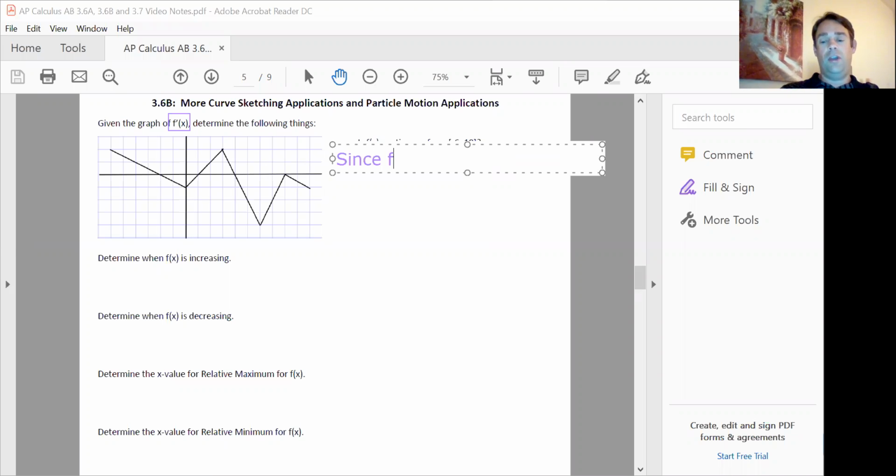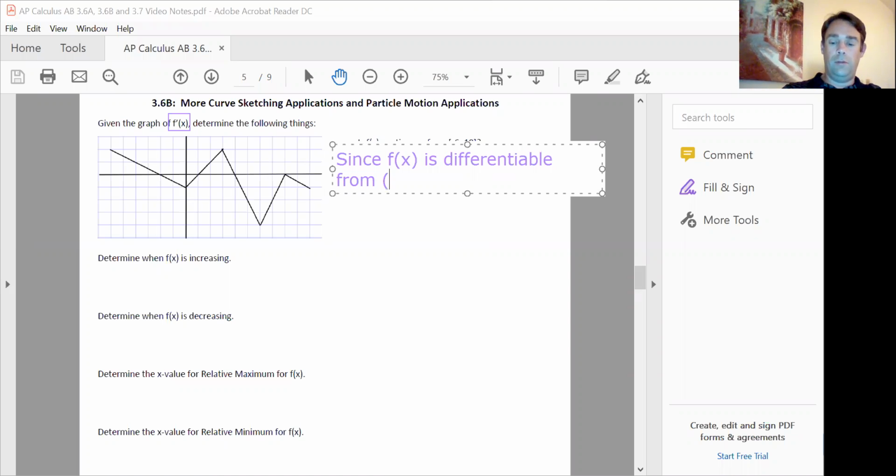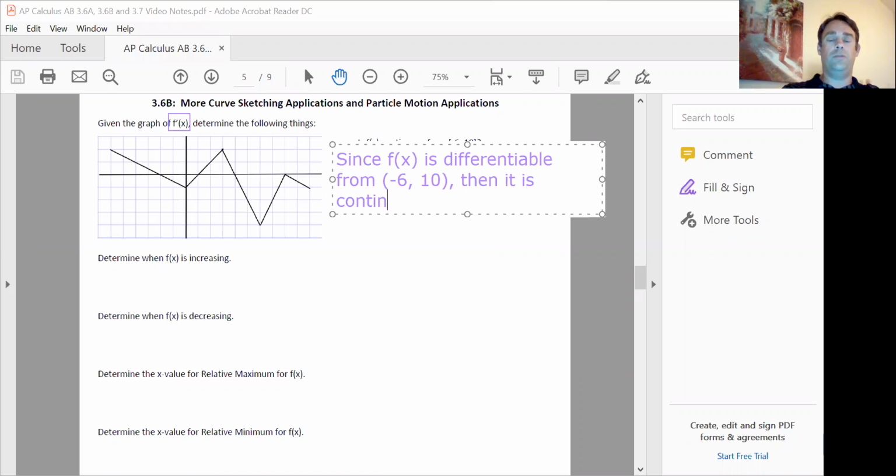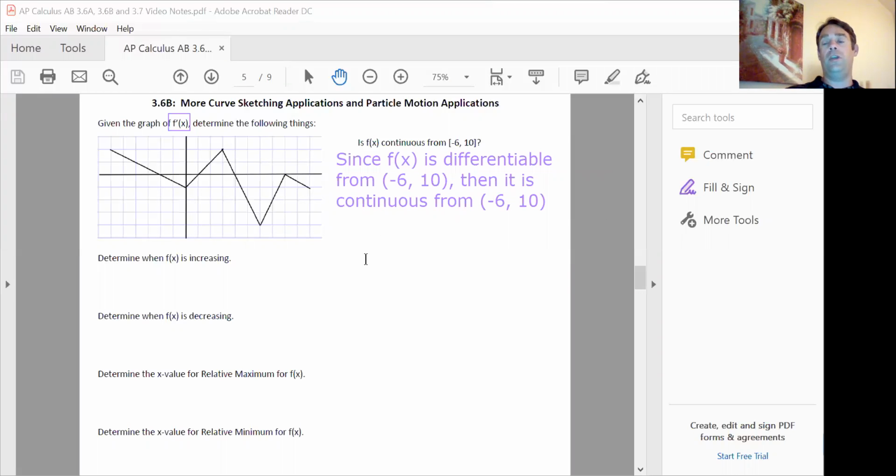So since f of x is differentiable from -6 to 10, then it is continuous from -6 to 10. All right, because again, the rule we have here is differentiability implies continuity. And since I told you it was differentiable at the beginning, then it is true.